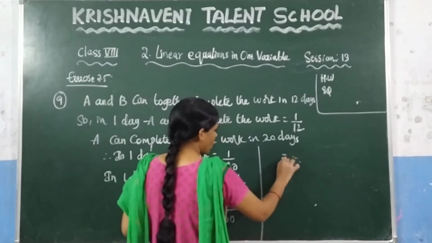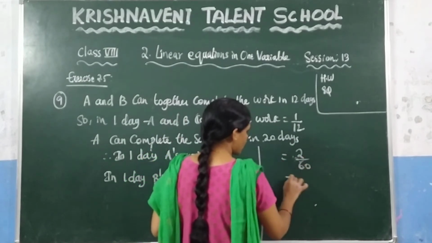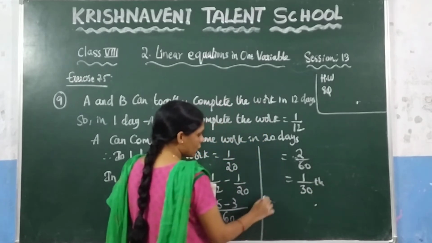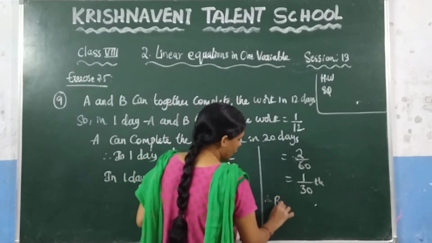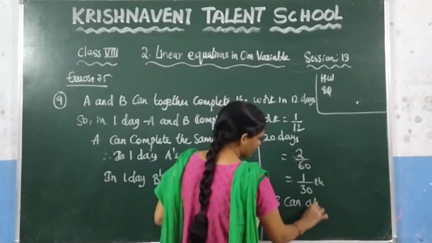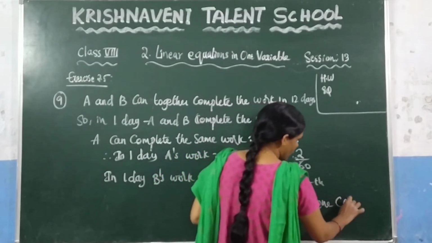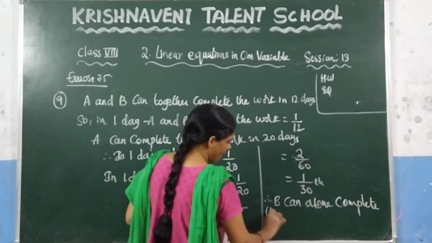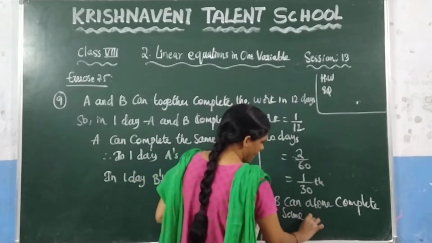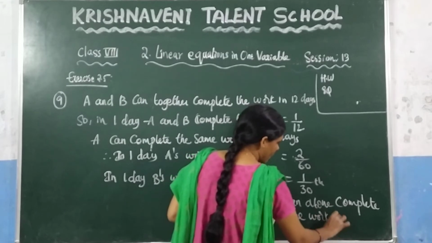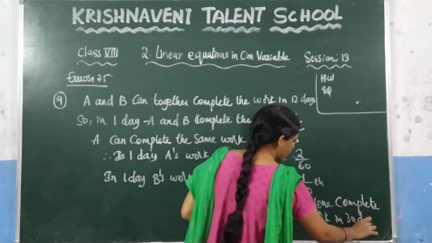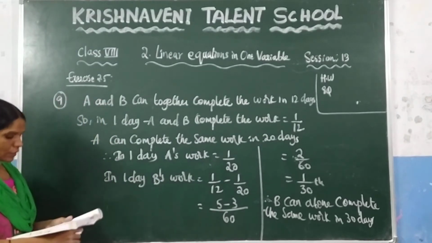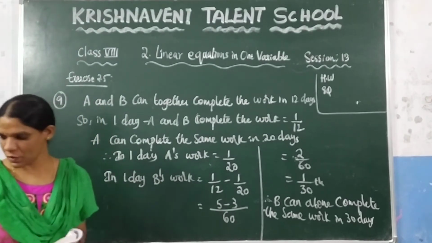So here how much you got, which is 2 by 60, which gives you 1 by 30. This much of the work he can do. Therefore, A alone can complete the same work in how many days? In 30 days. This is the problem. Now here, see the next question, which is the 10th question.